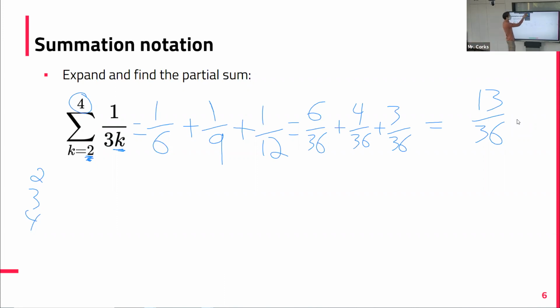We did have two formulas that we talked about. Would those formulas work? So first, is this an arithmetic sequence? No, why not? What is the condition for an arithmetic sequence or series?